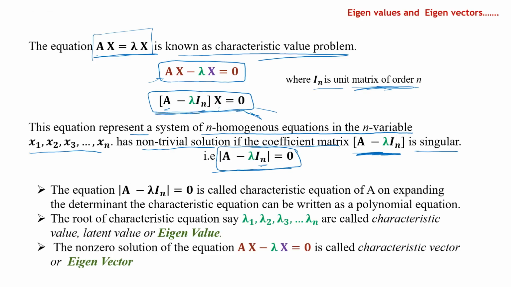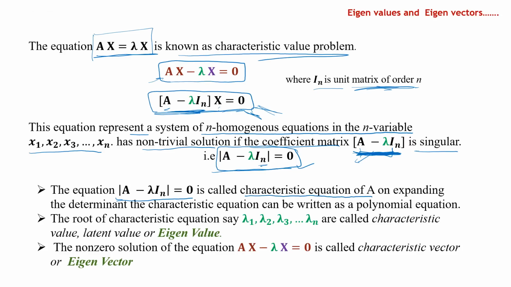If it is singular, we obtain a non-trivial solution of that system. Singular means the determinant of that matrix is equal to 0. So you have to remember the equation determinant of A minus lambda I is equal to 0 is called the characteristic equation of A.